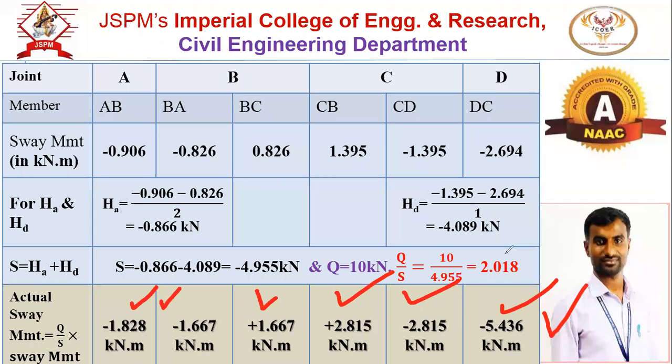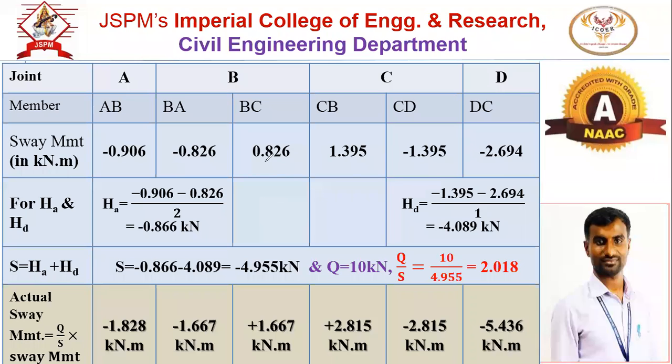So using that ratio, assume the fixed end moment. Fixed end moment आपल्याला assume करायचे आहेत with respect to the ratio. That is one. Second, get the distribution factor using our usual fundamentals. Find out the distribution factor. Third, in case of the moment distribution table, fixed end moment will be 0 for the beams.